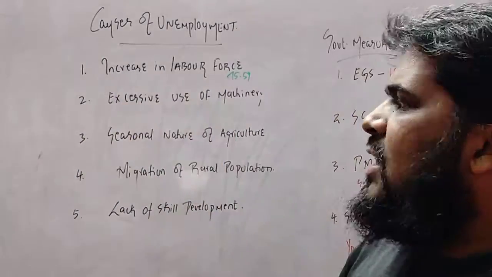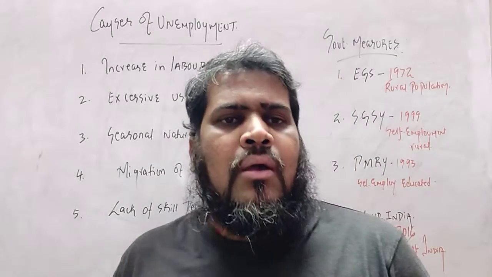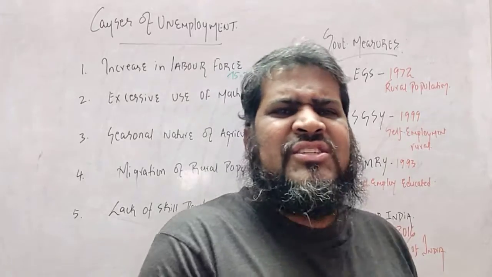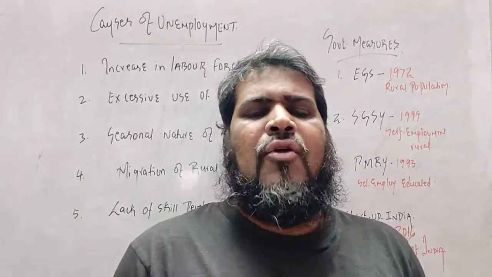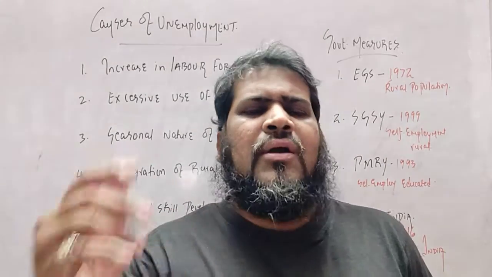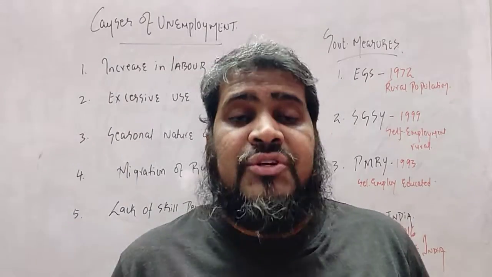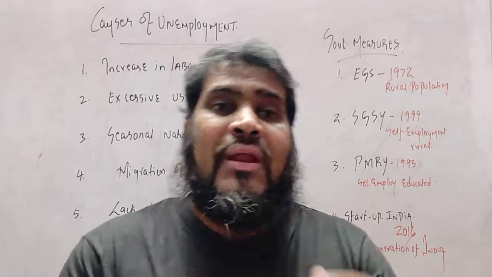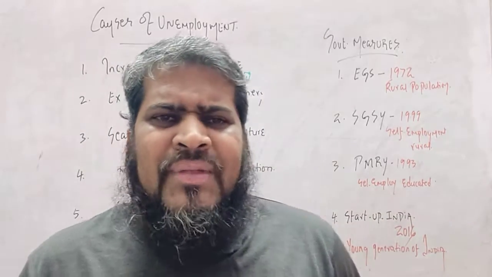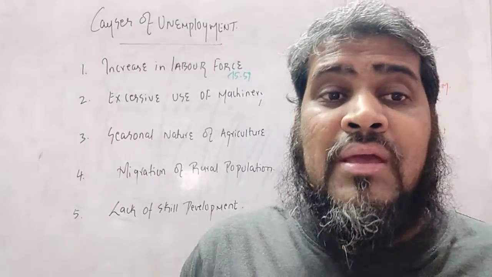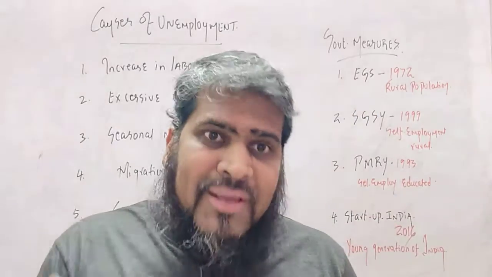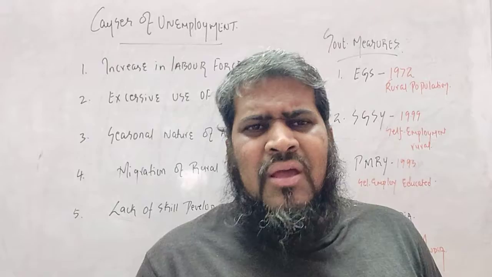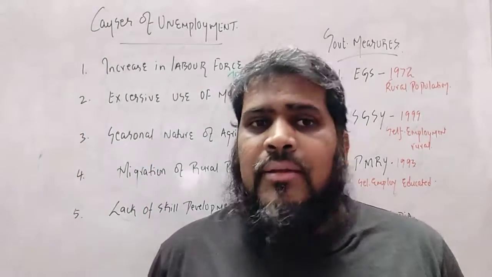The second cause is excessive use of machinery. What has happened, students, in the last decade, in the last 10 years, many companies, many institutions are going for machinery based working. They want everything in their company to be done by a machine. For instance, in an educational institution, first the teachers were supposed to sign.